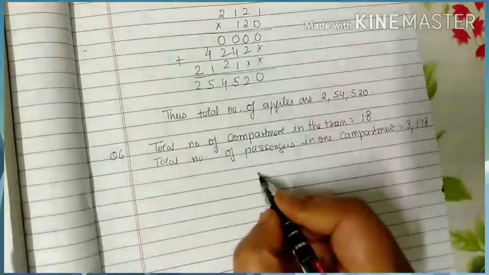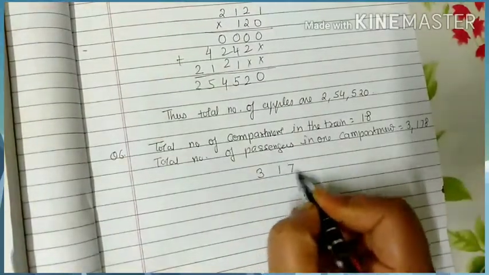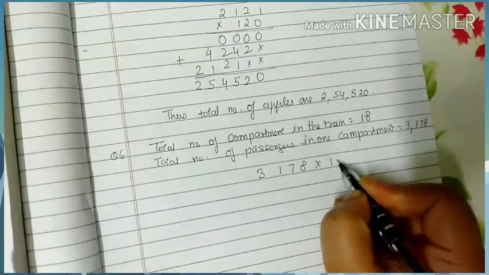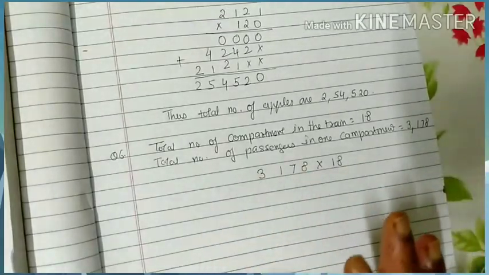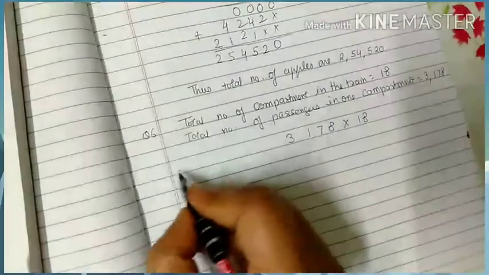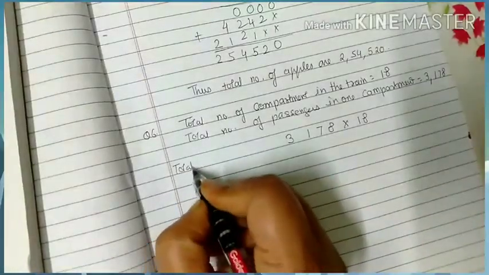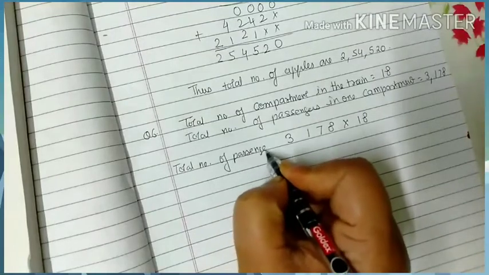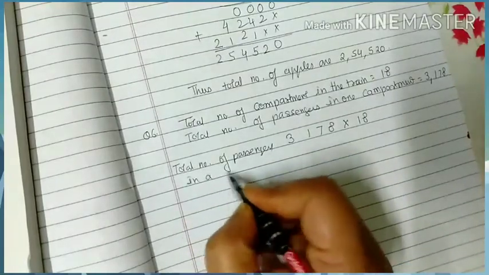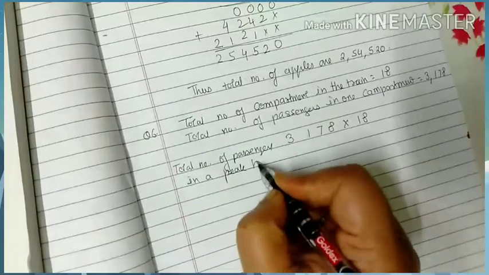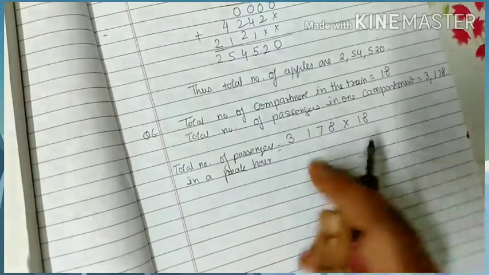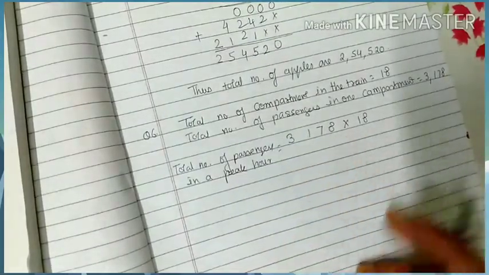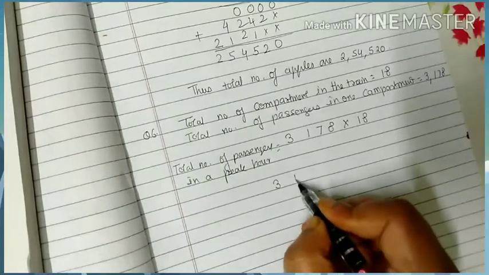Okay. So 3,178 into 18. So this is the total number of passengers. So how to find total number of passengers in peak hour? आपको पीक आवर के बारे में निकालना है. ठीक है. तो कितना होगा? 3,178 into 18.